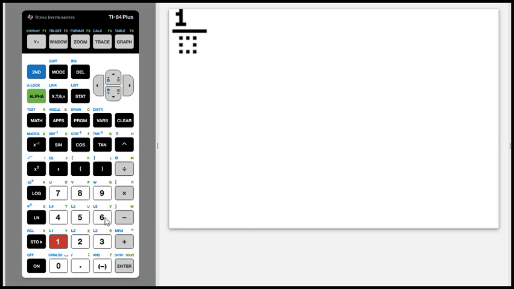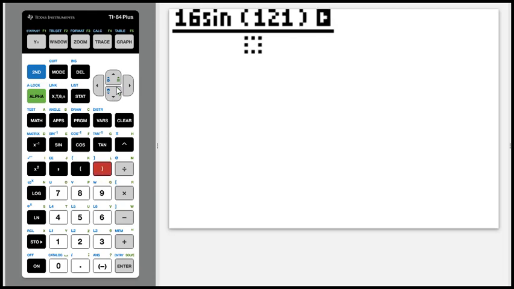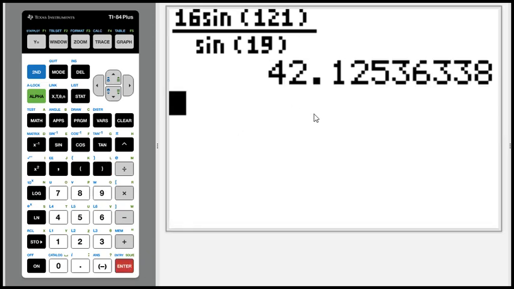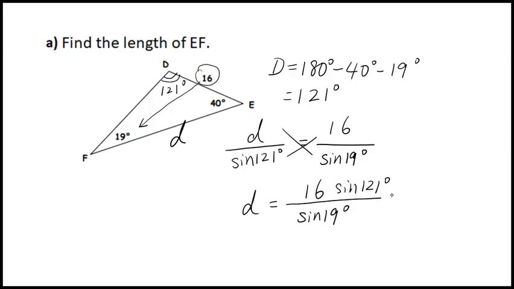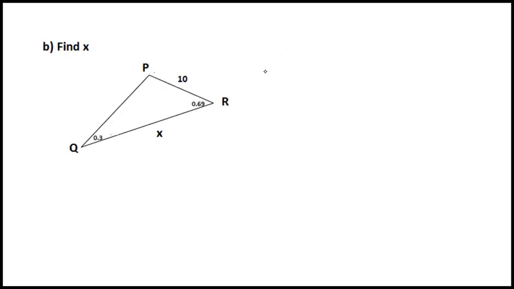We will do 16 times sine 121 degrees over sine 19 degrees. Then enter. Three significant figures will be 42.1. So d equals 42.1.